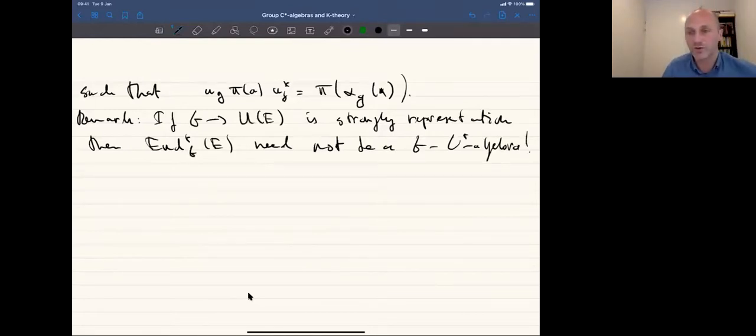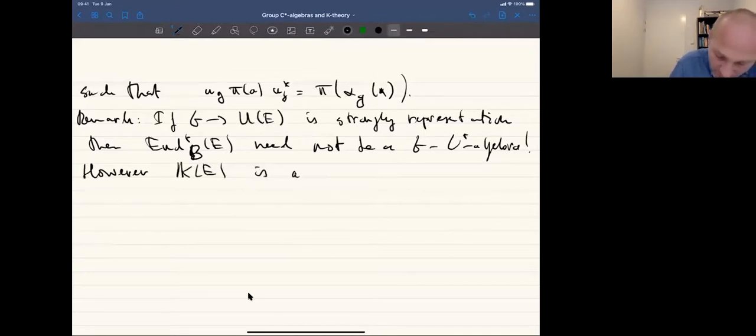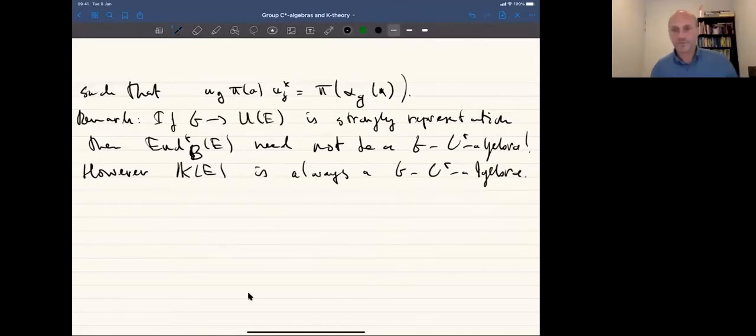So the strong continuity in the C-star algebra sense may fail on the whole endomorphism algebra. For example, this already fails on a Hilbert space. However, K of E is always a G-C-star algebra. So that's another important thing to keep in mind.